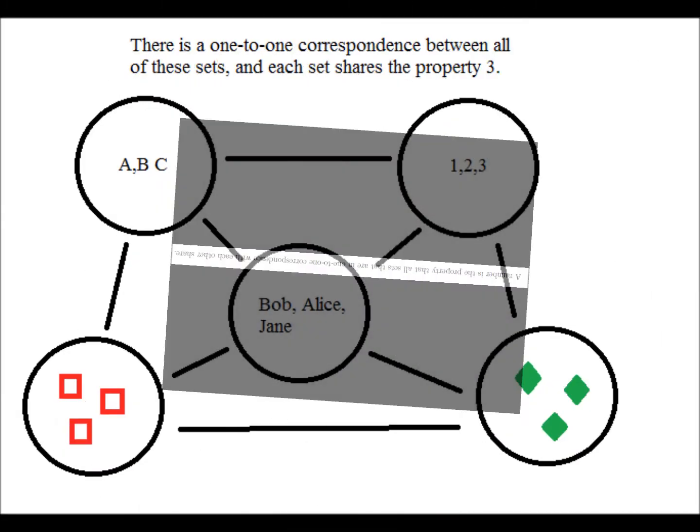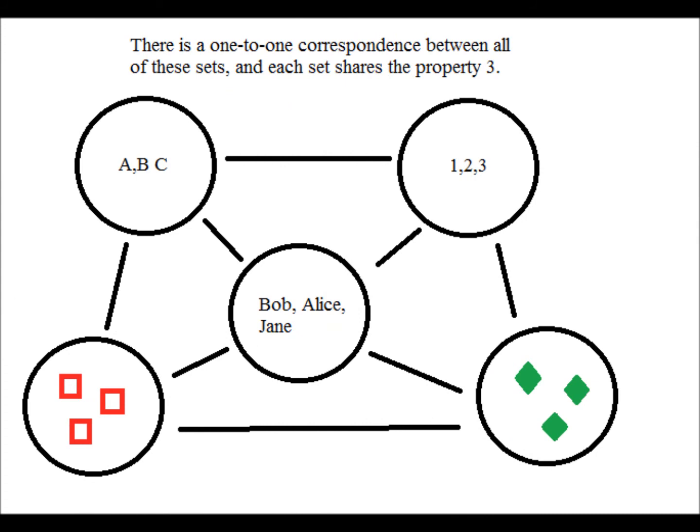It's just that when we take all possible sets that are in one-to-one correspondence with each other, so like our sets A, B, C, and 1, 2, 3 before, we're going to take those to start with, and then every other set that can be matched up in the same way with those. And when you put all those together, they all share one property, and that property is a number.